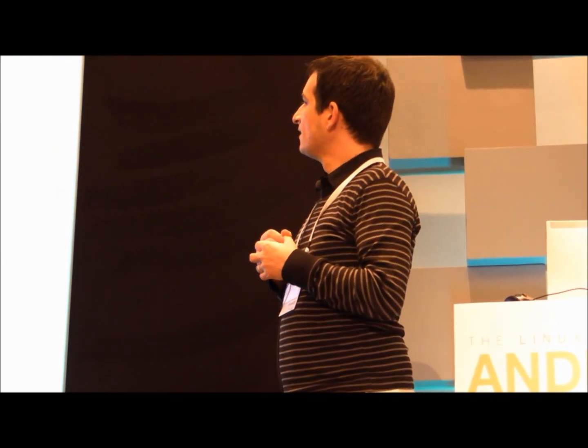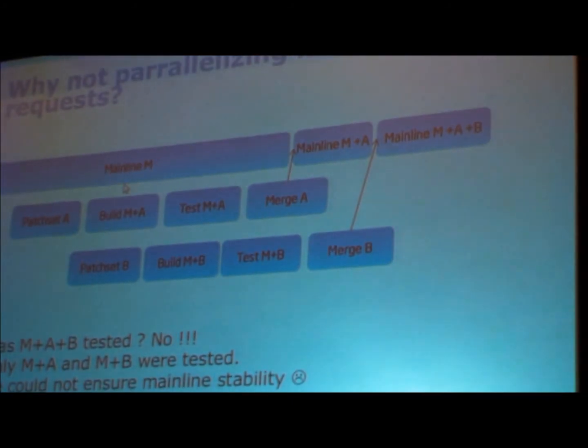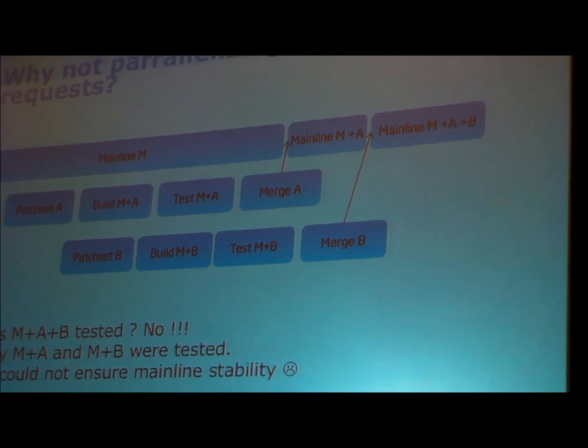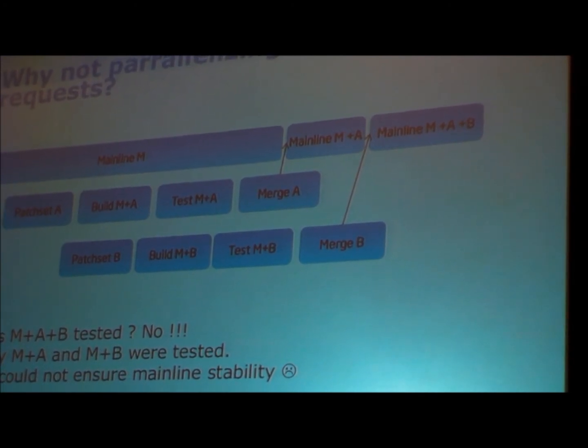The other question we often get is why are you parallelizing the merge? The thing is, at one place you have the mainline, which I call M. After a while, you want to merge this patch A, so you have to build M plus A. Maybe when you did your maintainer build, you were on an older mainline.